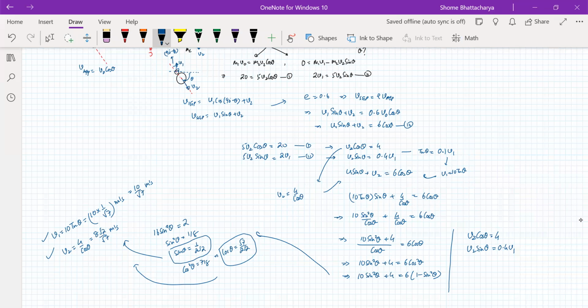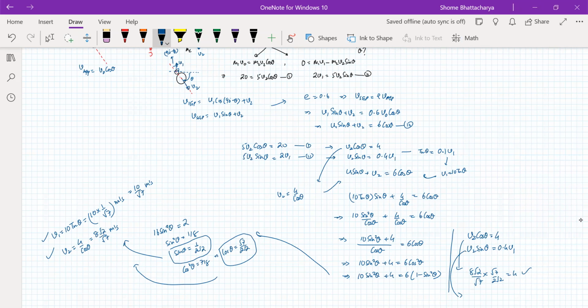So in this, if you substitute these values, 8 root 2 by root 7 into cos theta, which I have got as root 7 by 2 root 2, will give me 4. So that's correct. Okay.